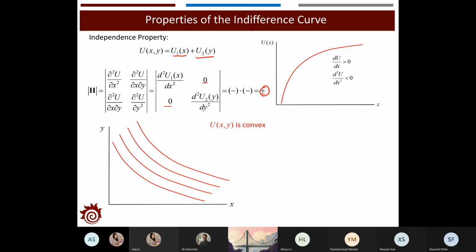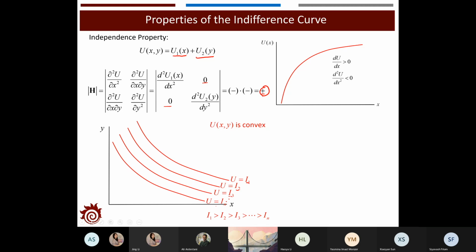From outside to inside, from top to bottom, you will see the utilities decreasing. Say the first one is I1, the second one is I2, I3, until you go to IN. You will observe that I1 is larger than I2, which is larger than I3, and so on until IN.